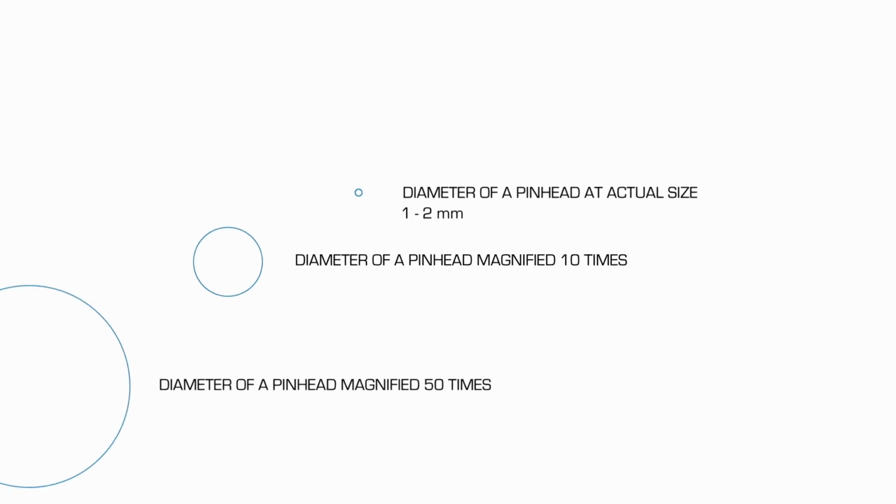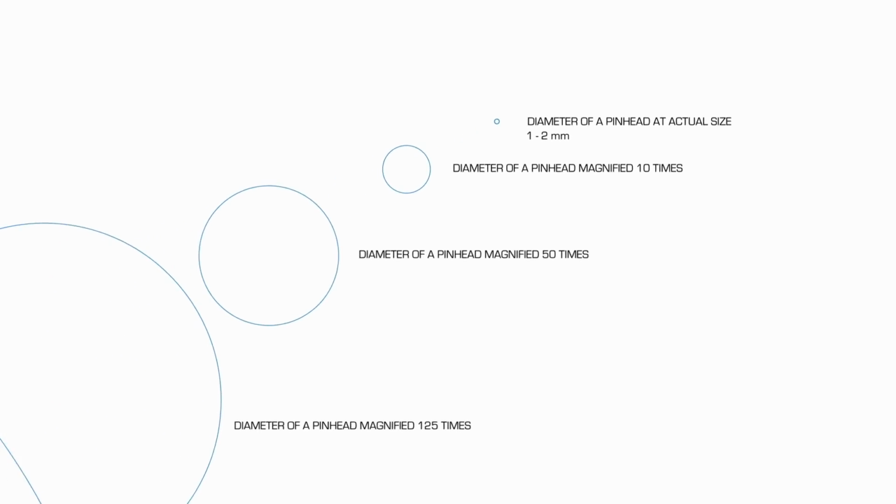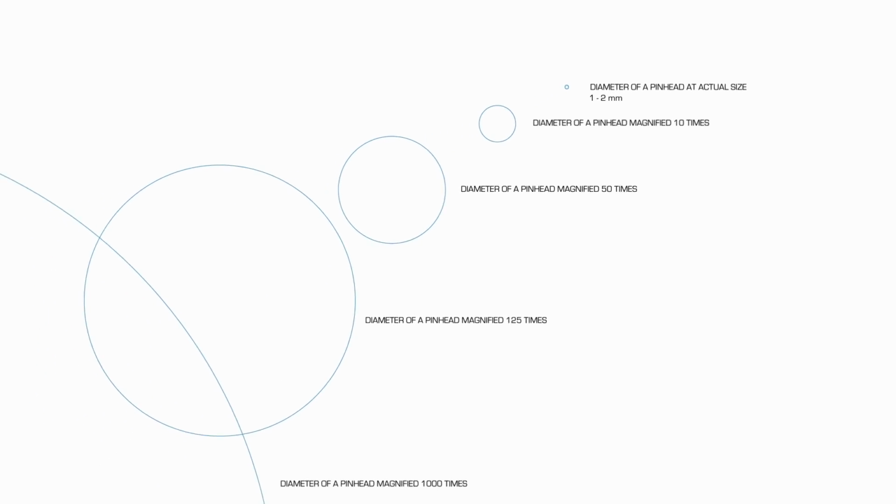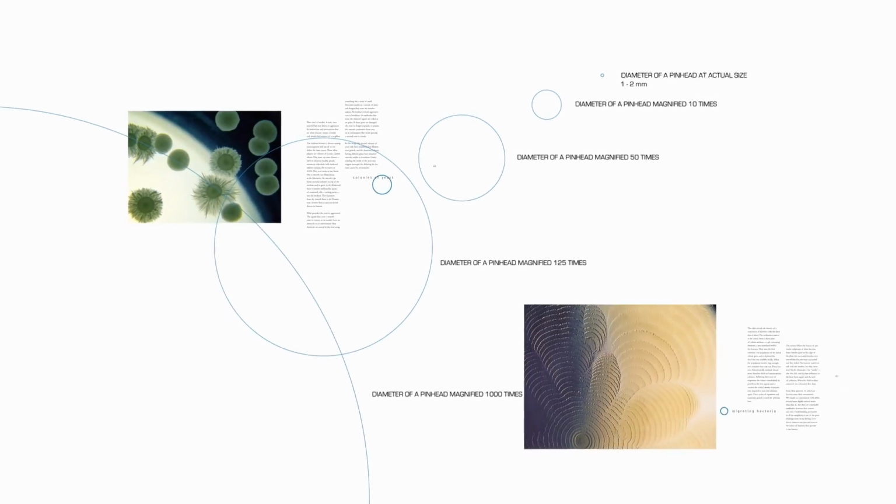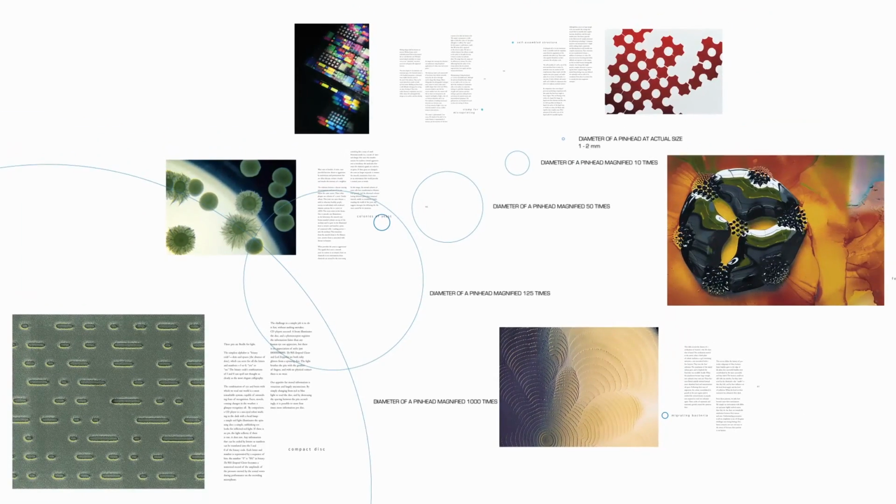For our book On the Surface of Things, we wanted to suggest a comparative sense of scale when looking at all of the images in the book. We used the head of a pin, which measures between 1 to 2 millimeters, as a reference point. Next to each image, you see a blue outline of a pinhead made relative to the size of what's in the photograph.